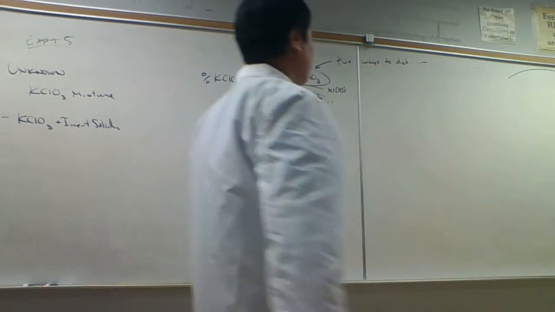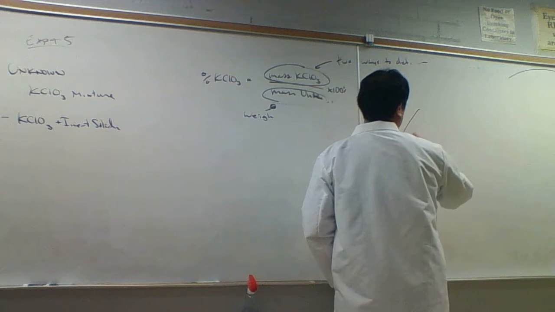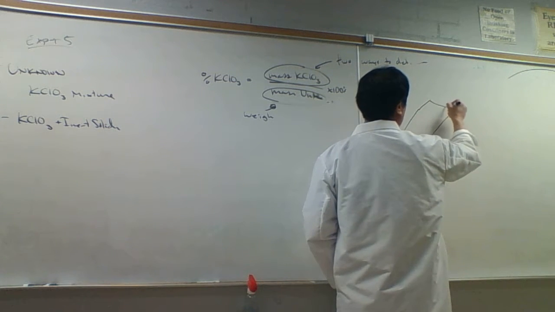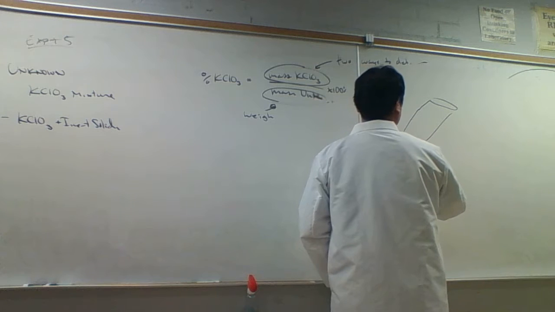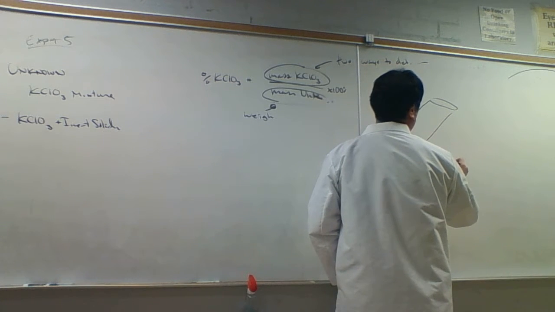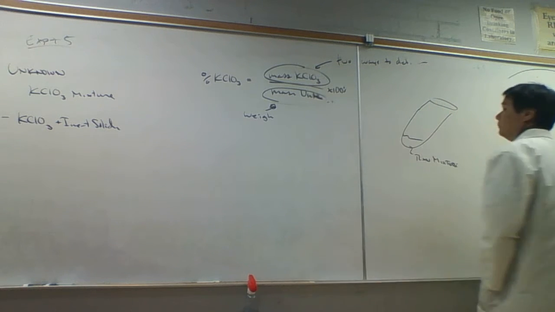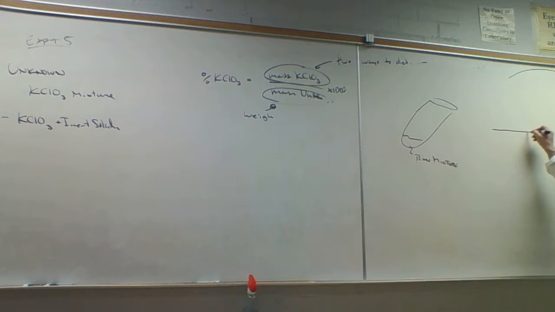The first way we're going to determine the mass of the KClO3 is by taking our reaction mixture before heating. As we heat this, the KClO3 will begin to decompose.